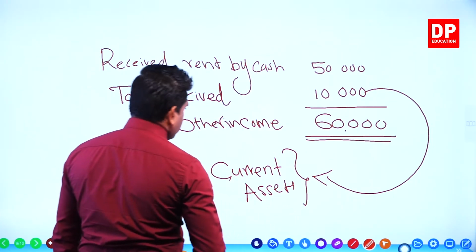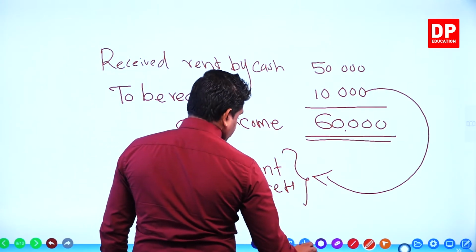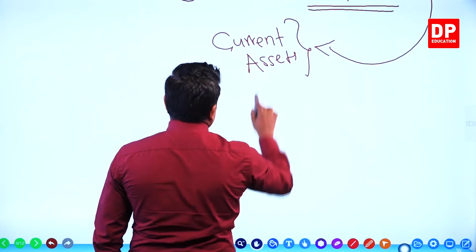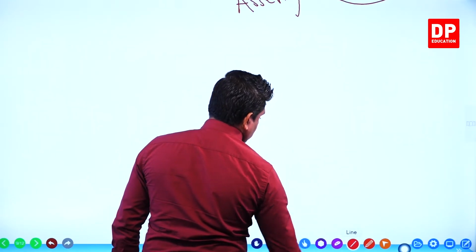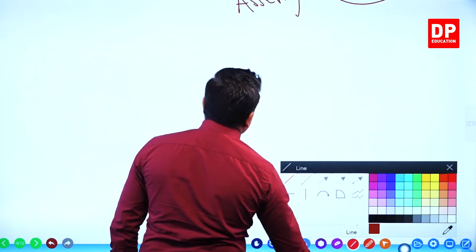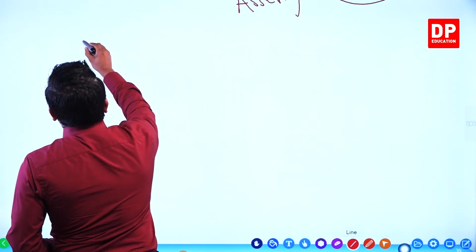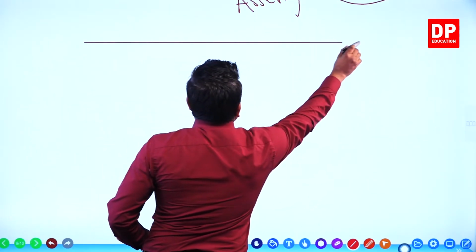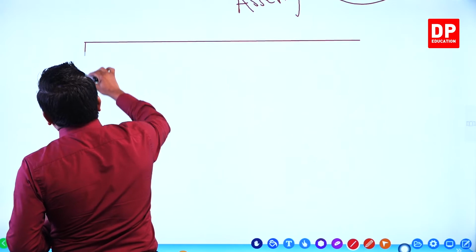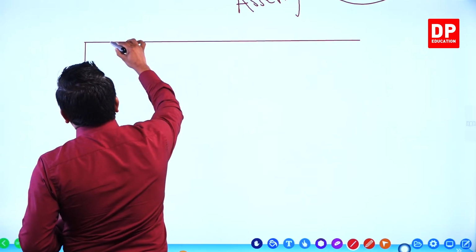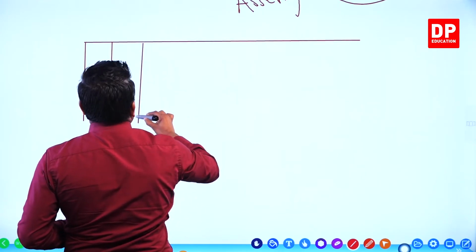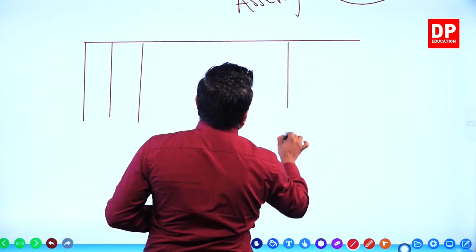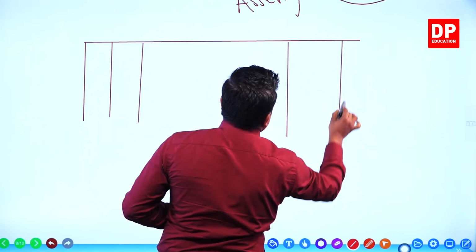Now I draw the general journal: date, journal voucher, description, debit and credit.